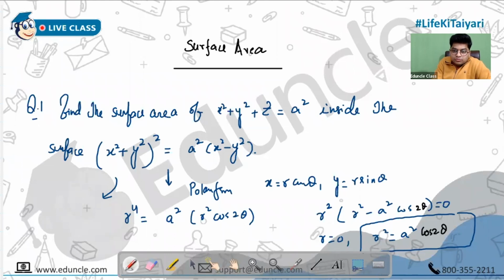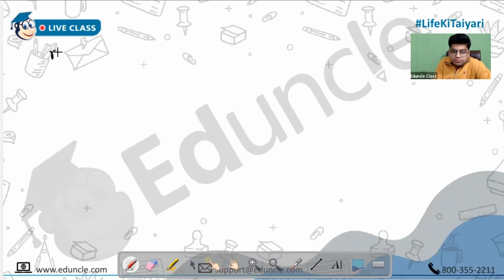So can I write r is equal to 0, r is equal to a square.